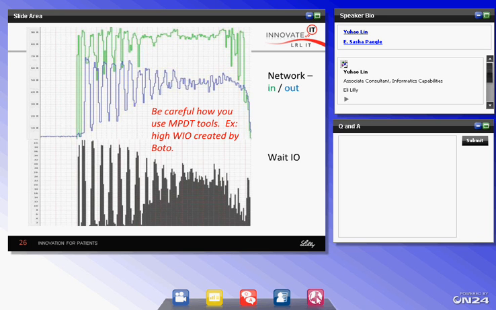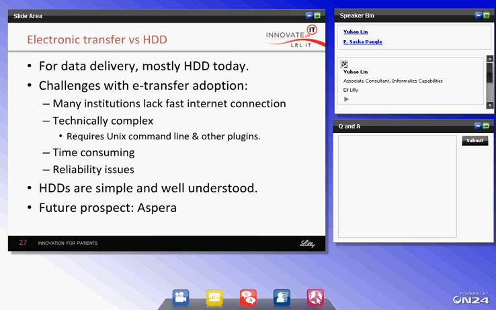So this is a really high wait I/O, and you want to be careful how you use this tool because it does impact the performance of the file system. And this slide just says that we're still using hard drives for getting data from vendors because it's easier. But that might change as we bring Aspera online.